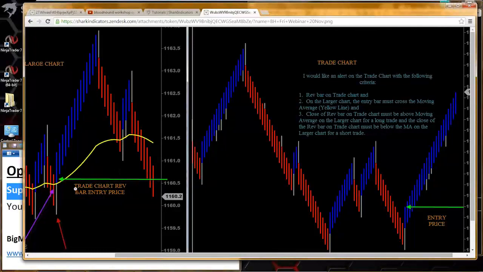So what Marcy's asking is, can we get this crossover on the higher time frame chart as soon as it happens, before the bar closes? So instead of waiting for the bar to close, we want to know as soon as price just crosses up or above before the bar closes. And yes, you can do that.